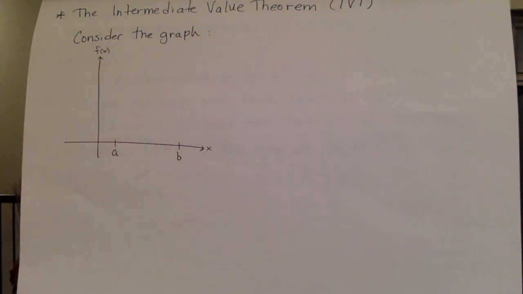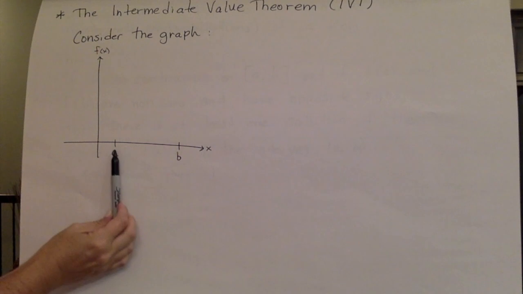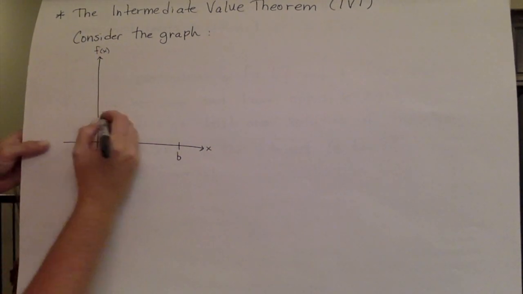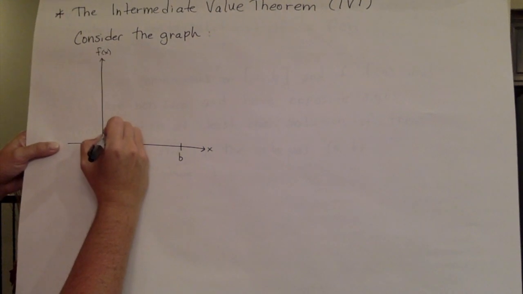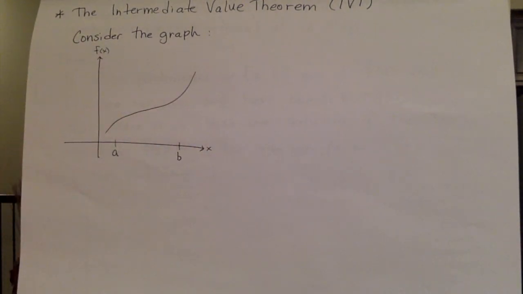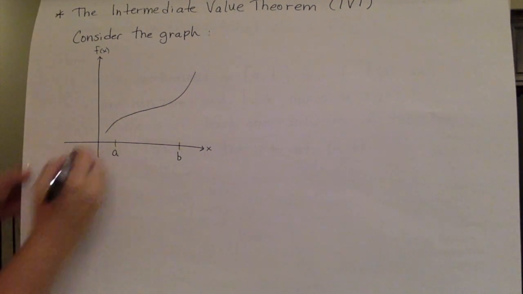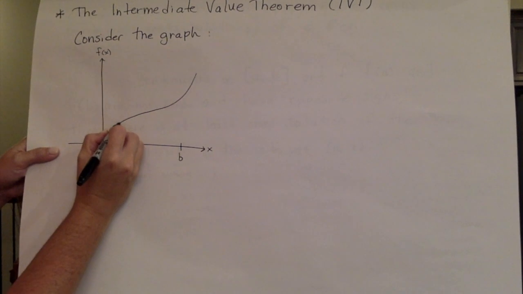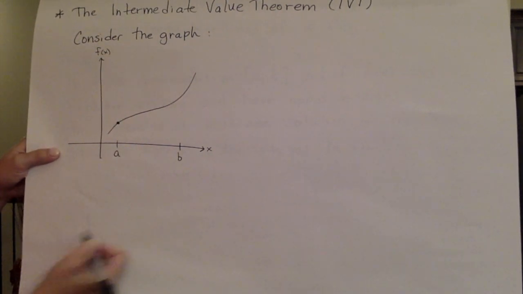So we're going to consider this graph. I have an x and a y axis drawn here, and I have an interval from a to b, and I'm going to draw some function. Okay, here's what it looks like. And I'm going to recognize that at the point where the x value is equal to a, I have a point.